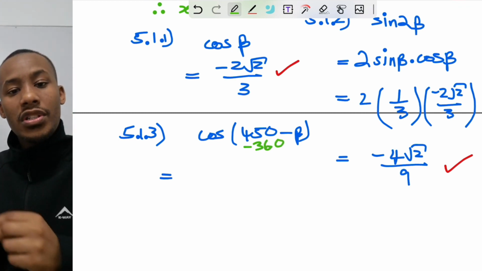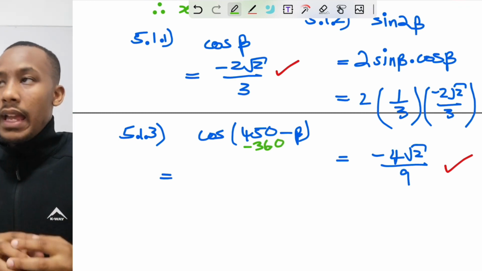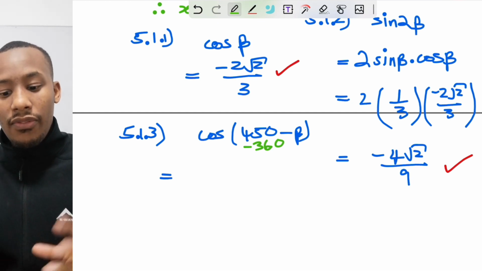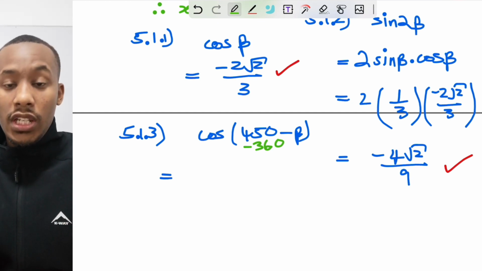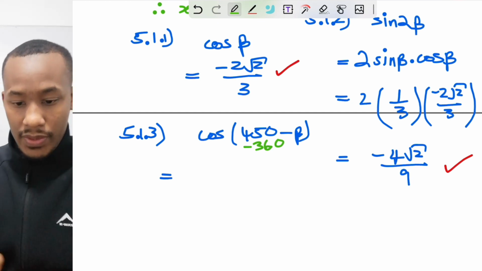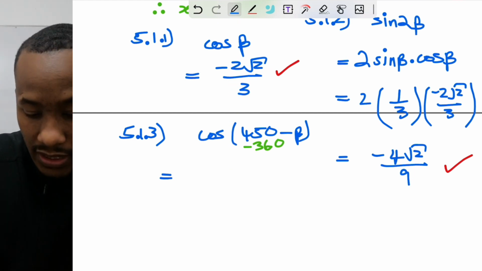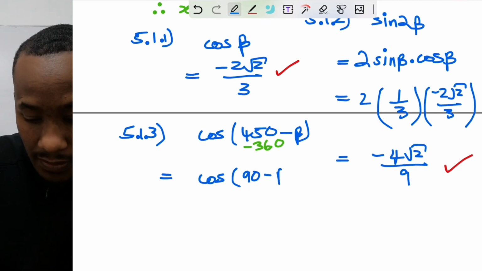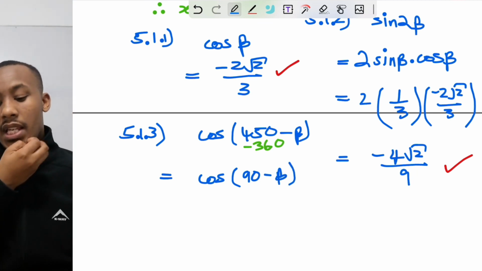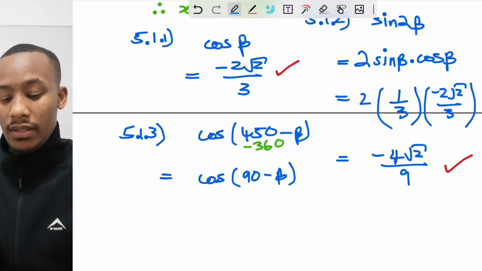You can always just subtract a revolution and the value of that expression won't change. So let's do that. 450 minus 360 is 90. So we end up with 90 minus beta.